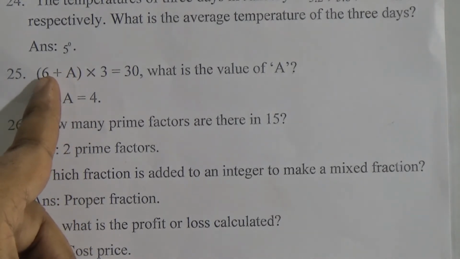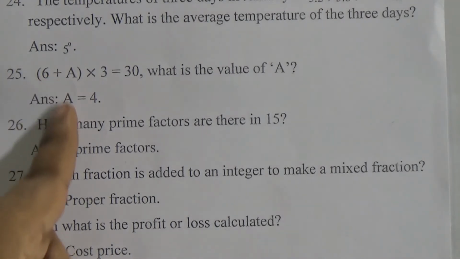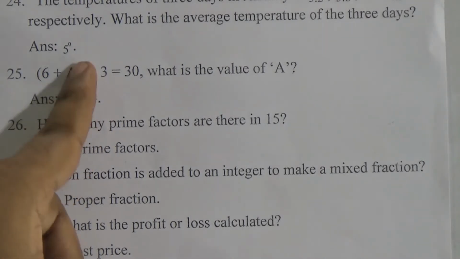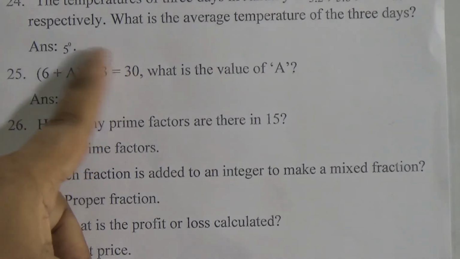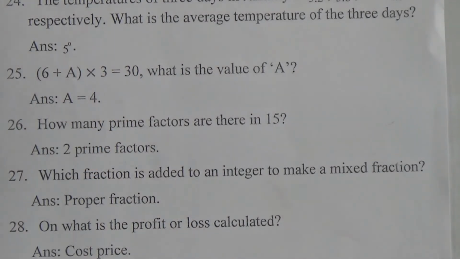So to make 10, which number is added to 6? That is 4. So 4 is the answer. If we place 4 in place of a, we get 6 plus 4 is 10, 10 multiplied by 3 is 30. So the left hand side equals the right hand side. The answer will be 4.